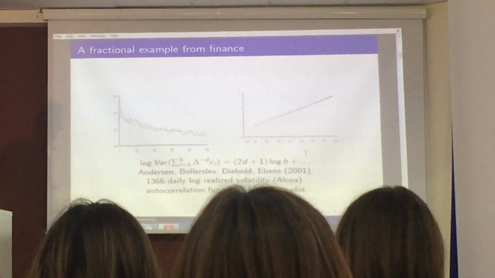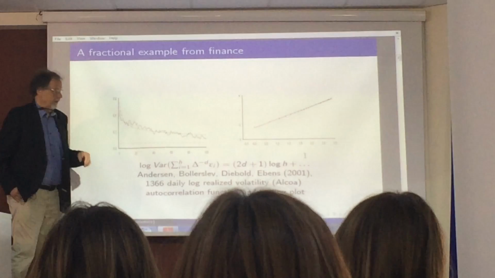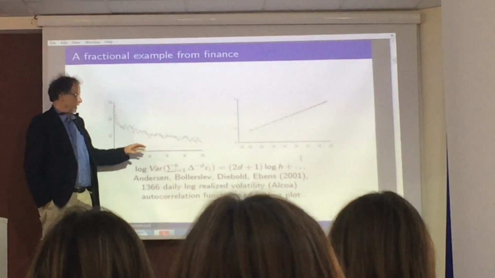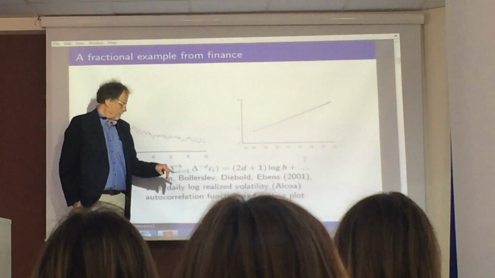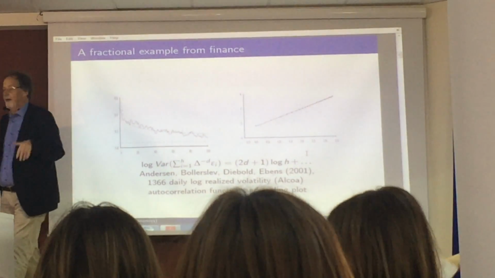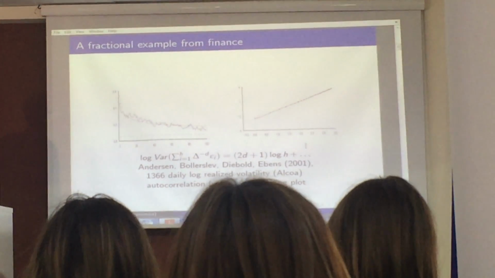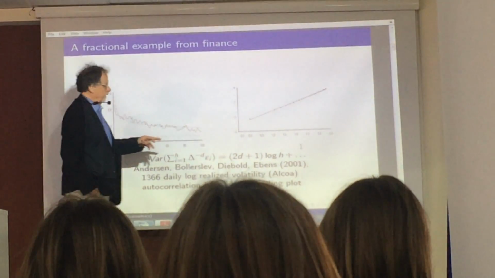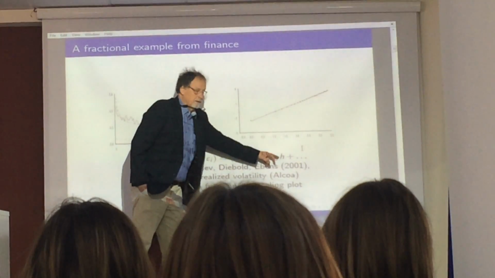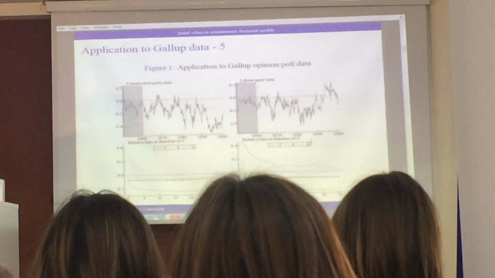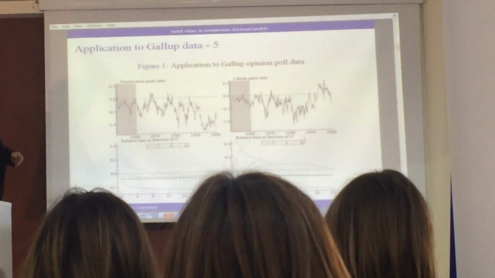A very nice plot is the right-hand side, where if you go through the theory, you can show that there's a certain stochastic process that I'll come to. If you work out the variance of the sum, the so-called long-run variance, and take the logarithm, it should depend linearly on the lag length h. And that means, sorry, could you go back please?